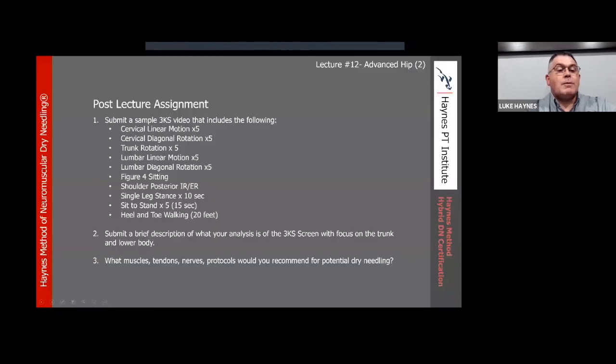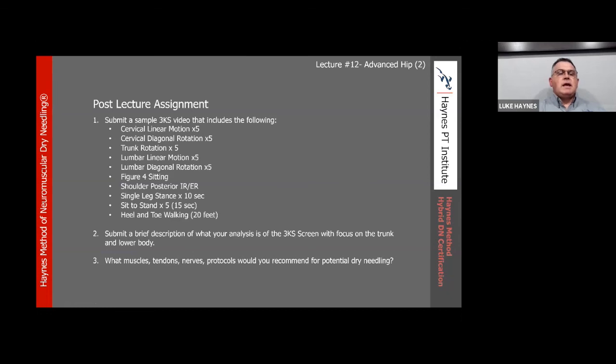Okay, so now to our post-lecture assignment. As I mentioned, there are 3 pieces here. One, I want you to submit a sample 3KS video that includes all the components. We're going to go from the cervical linear motion all the way to the heel and toe walking. I want you to submit a brief description of your analysis of that 3D kinetic screen with a focus on the trunk and the lower body.